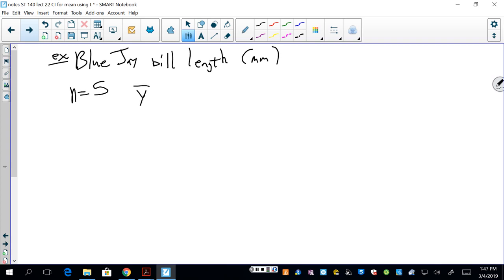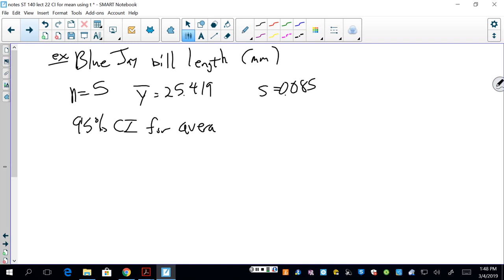Sometimes books use y, so we'll use y in this example, for 25.4, and the standard deviation 0.085. We're only taking 5 individuals, right? So we want to do a 95% confidence interval. Let's go back to 95% for average bill length.